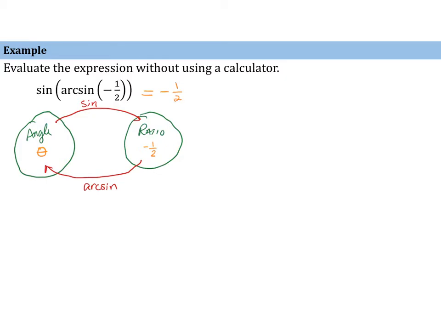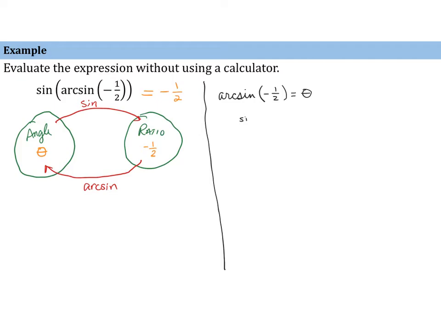If you wanted to, you could go through this problem and actually figure out what that angle was. So if we look at simply the inside of this composite function, arc sine of negative 1/2 outputs some theta.